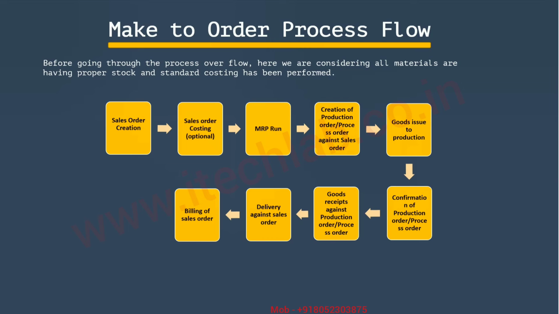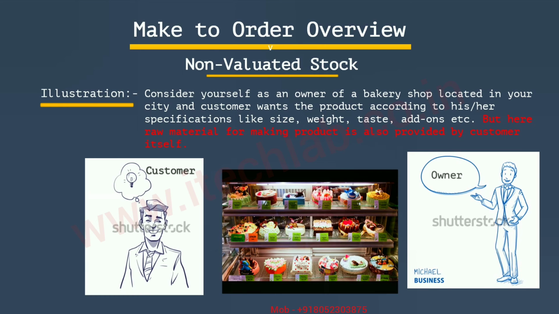Now coming to the next slide, make to order. This is non-valuated stock. For non-valuated stock, this is the same as valuated stock. Let's consider that you are the owner of a bakery shop located near your city, and your customer wants his product according to his or her specification, like size, weight, taste, add-ons, etc. But the catch is here, see the red line: the raw material for making the product is also provided by the customer himself.